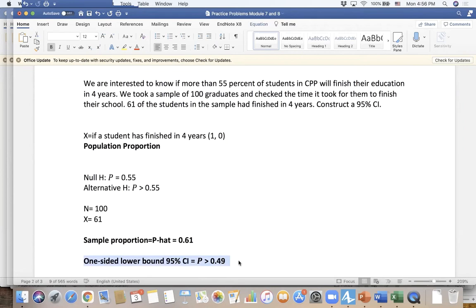We have to calculate Z0, then we already can get Z alpha. Let's assume I have done the calculations for Z null and I have constructed the confidence interval.